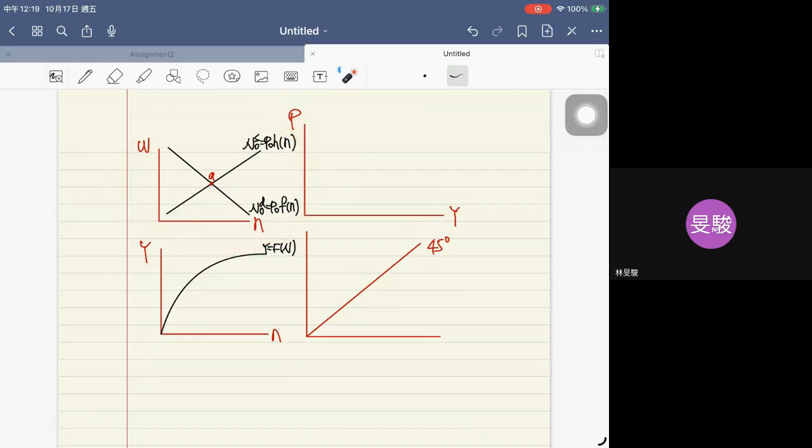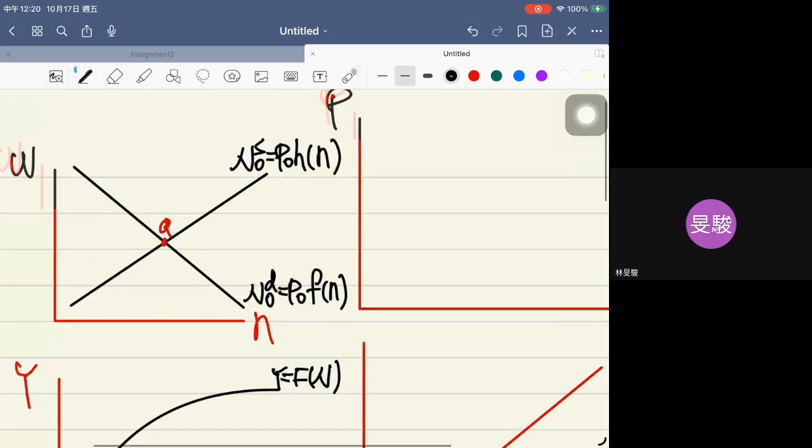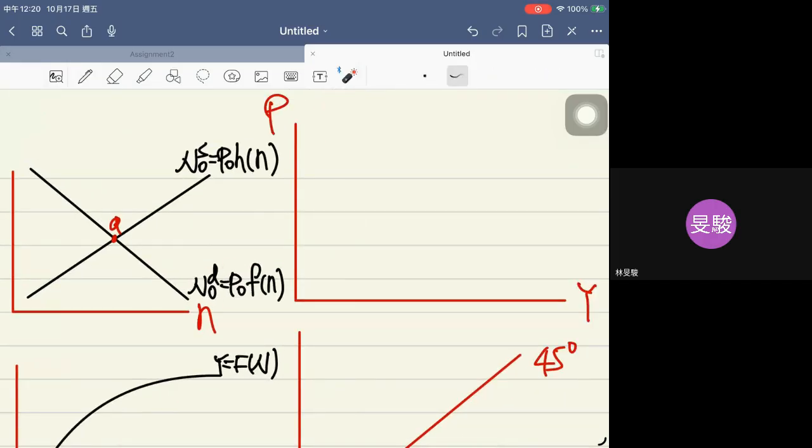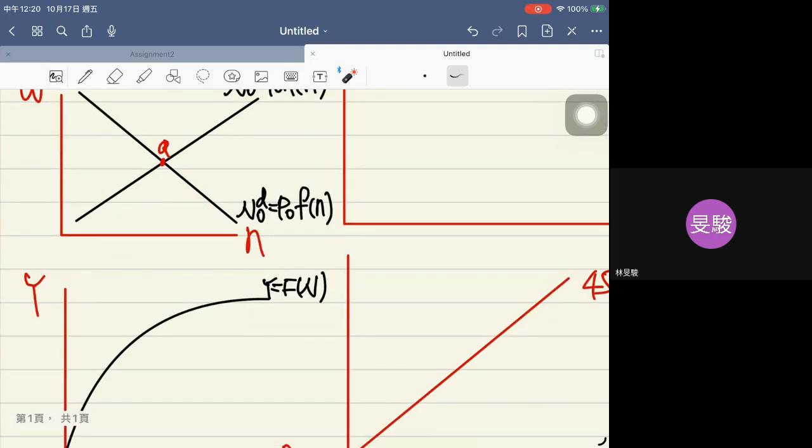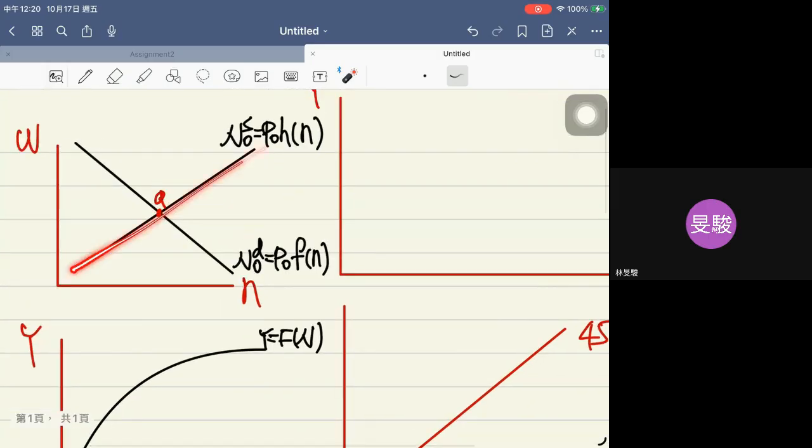And suppose the price level is P0, the initial price level. We denote it P0. The original equilibrium is at point A, which is determined by the intersection of nominal labor supply and labor demand.